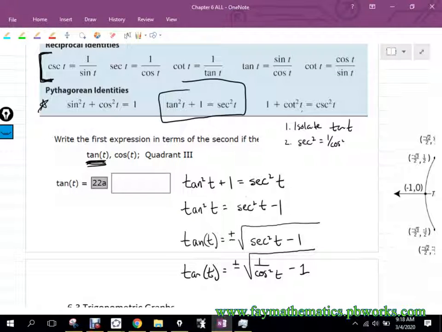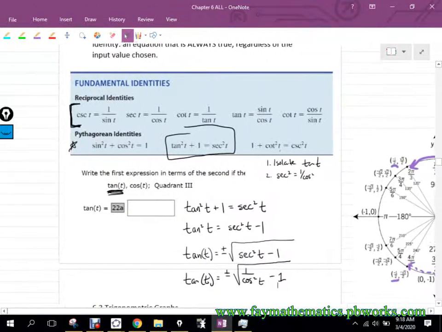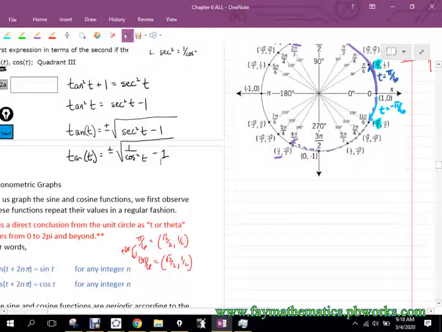Tangent is positive, third quadrant. So some people are going to say, I'm going to write this, and they're going to circle the positive one, type that in, and it's going to give you an error. It's going to tell you you're wrong. Okay? If you were to evaluate that right now, like I said, you're going to see some issues with your sign.